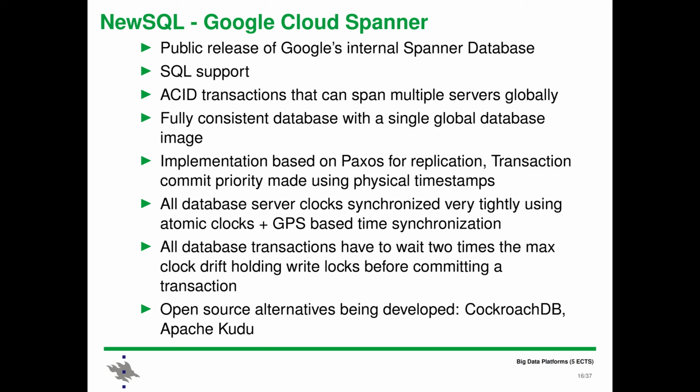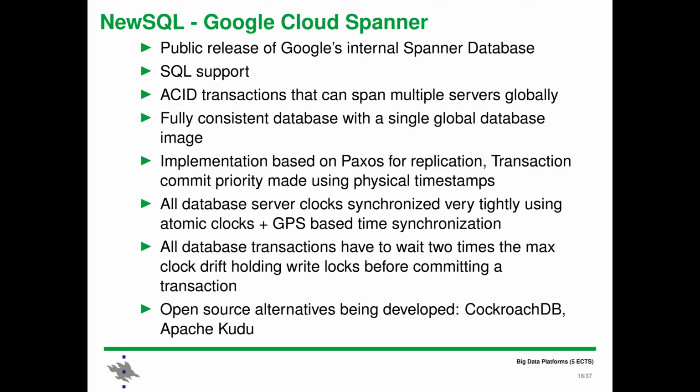And if you manage to take all of those locks, then you take a look at the timestamps at which you took those locks. And if you hold those locks for 2 times the clock uncertainty, then anybody who grabs any one of those locks later on will get a timestamp that is greater than yours.